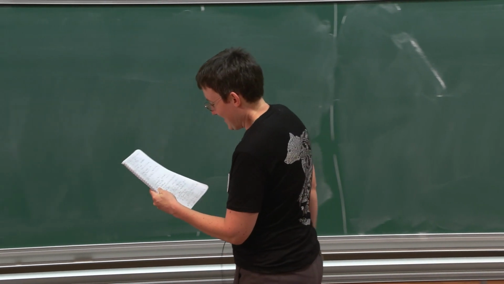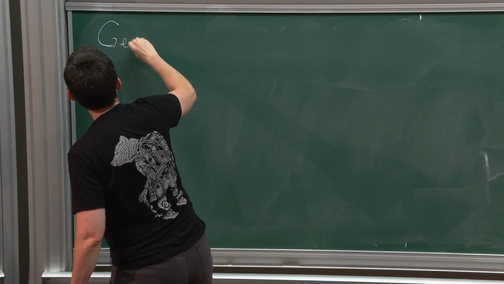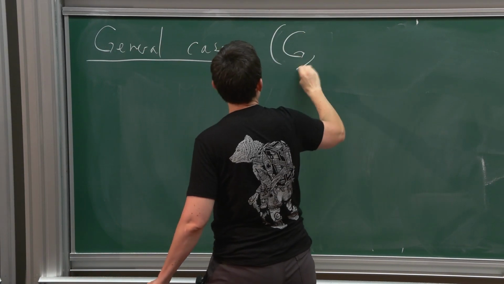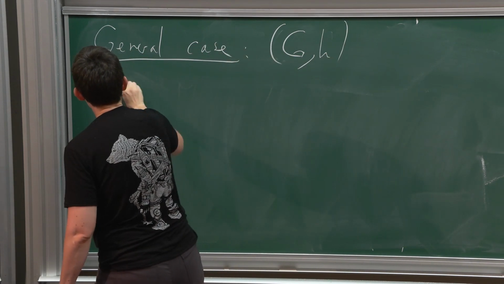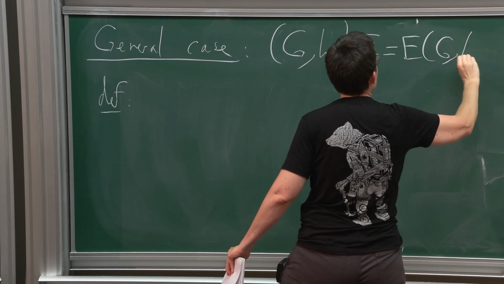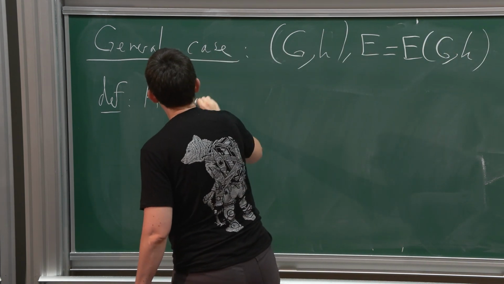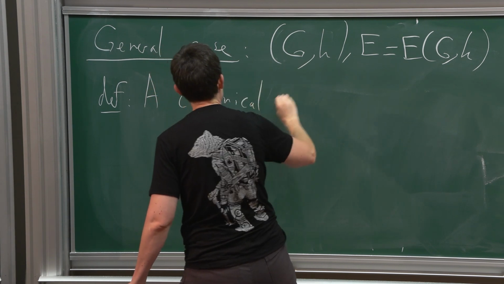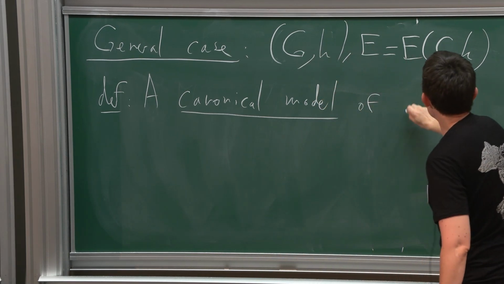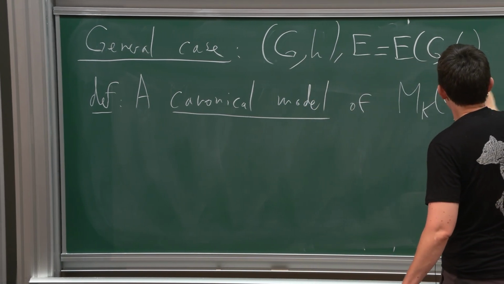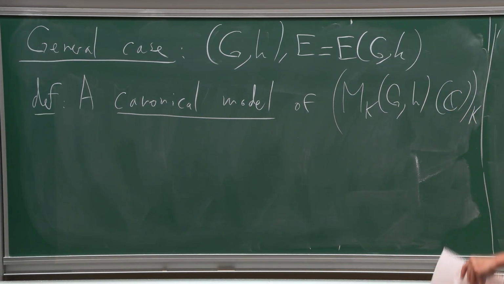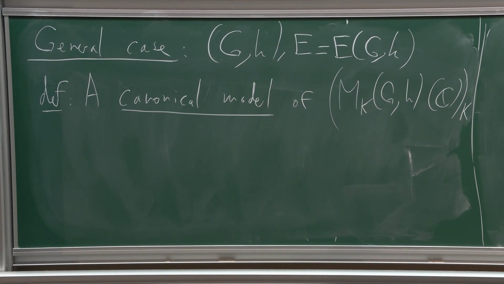Oh, sorry. Okay, so now back to the general case. So you have this Shimura datum GH. So what is a canonical model? We said we're not going to just descend one Shimura variety, we want to descend the whole projective system of Shimura varieties.